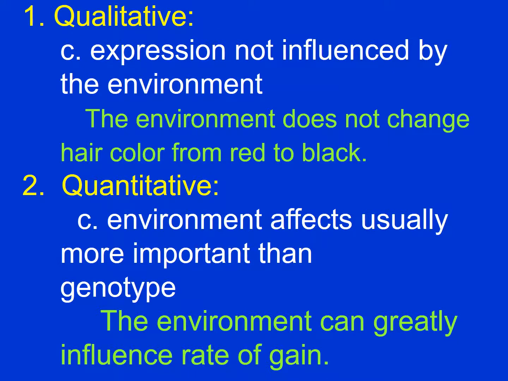Grow maybe 3 times slower than one that's on a high energy diet. If it's really hot out, the animals are not going to eat very much and they're going to grow very slowly. So the environment can really have a great effect on a lot of these quantitative traits.